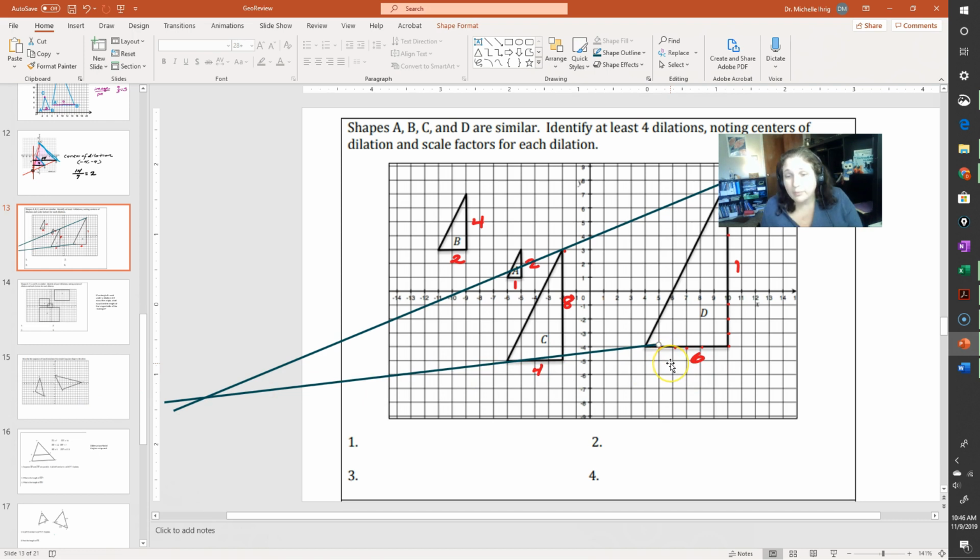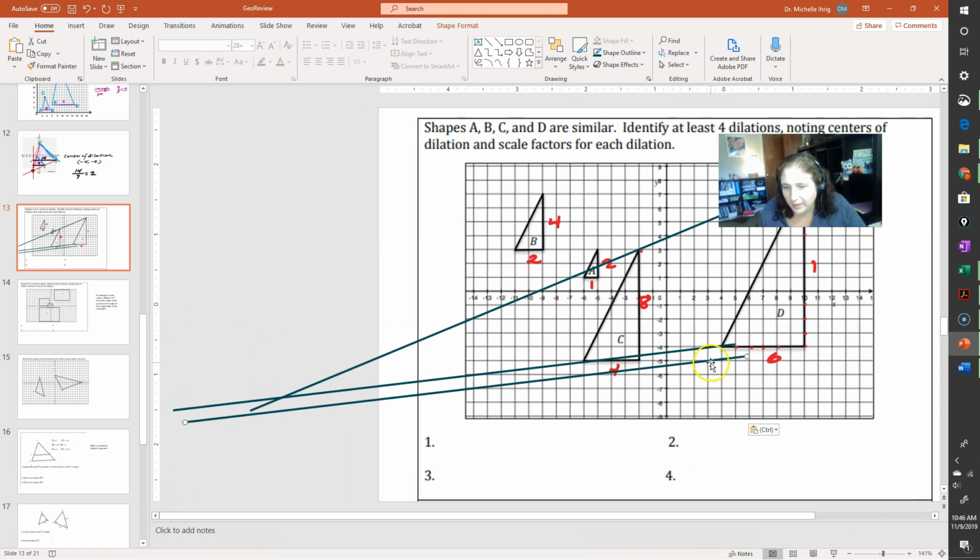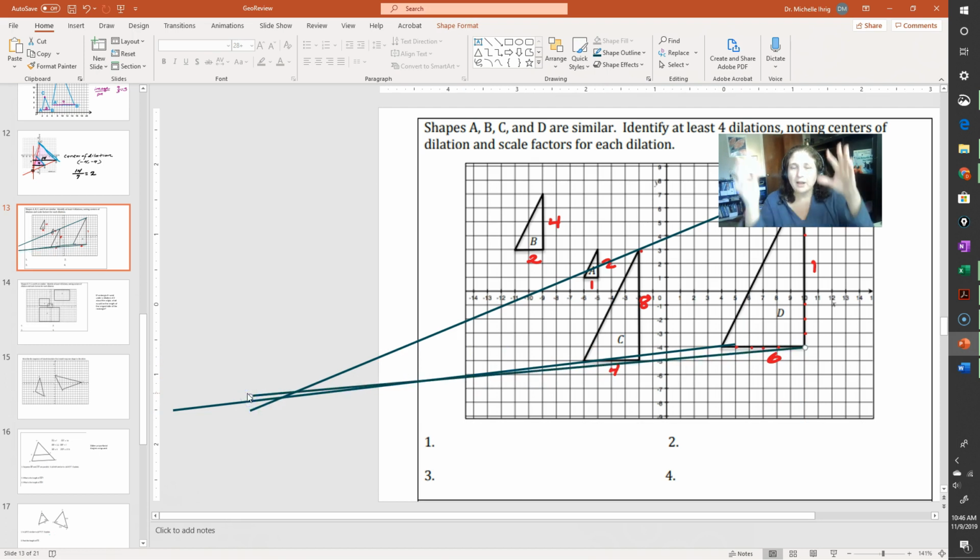All the way out there would be my center of dilation for C and D. And you can kind of see how that would work. I could even do it for the last point. If I moved this right here on this right angle, and then had it go through the other right angle, you can see how they all kind of go to the point if I was doing a much better job of connecting the different values. So that would be how you would find that.